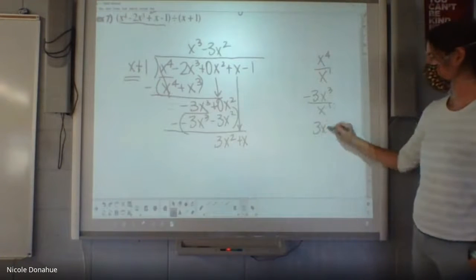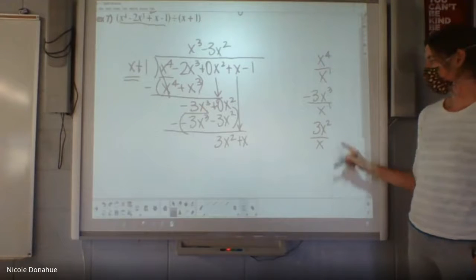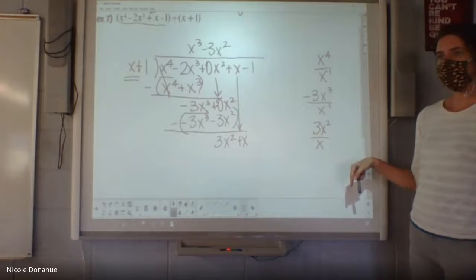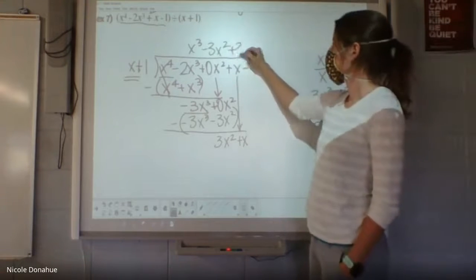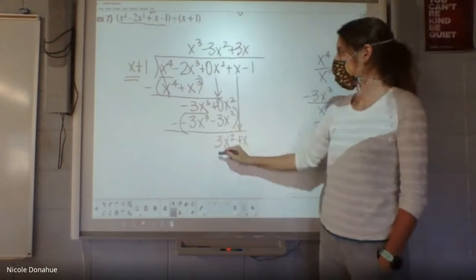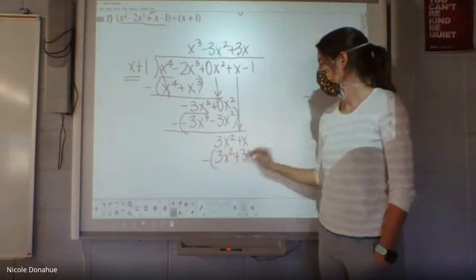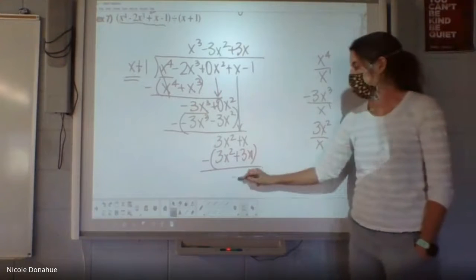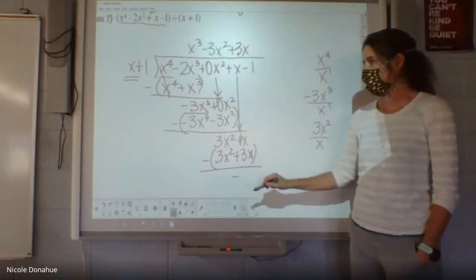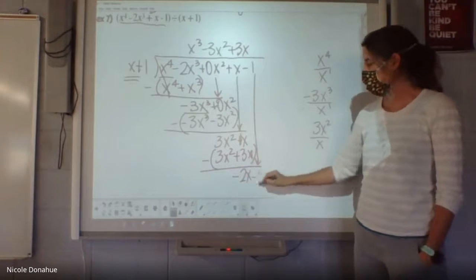So 3x squared divided by x. 3x. Multiply back. Subtract. x minus 3x. 1 minus 3. -2. -2x. Minus 1.